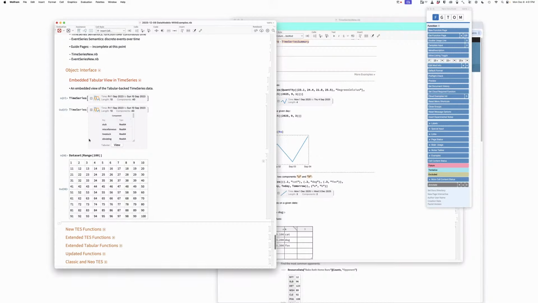Rather than showing at the top the number of components, that it is a data structure of this shape, nobody cares. The length is more interesting. That seems useful. I think that the time duration is also useful, if you're going to give something there.